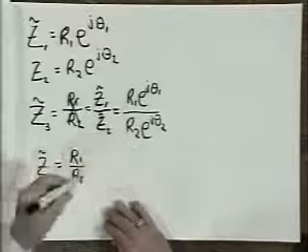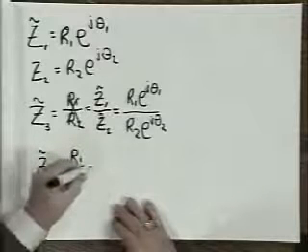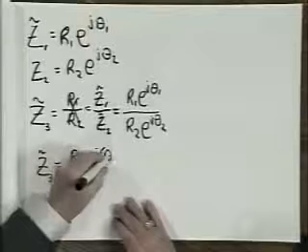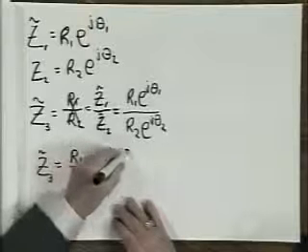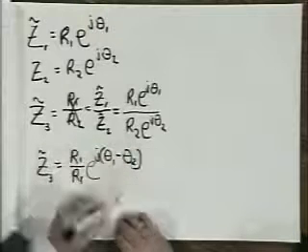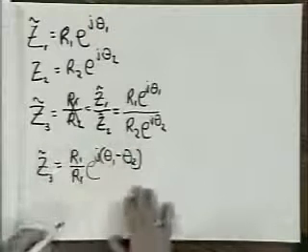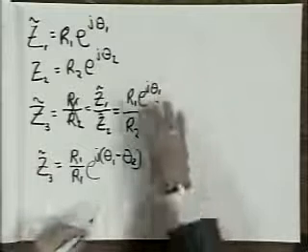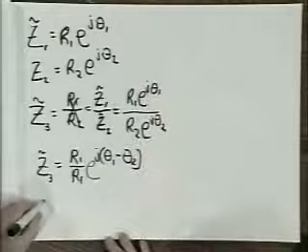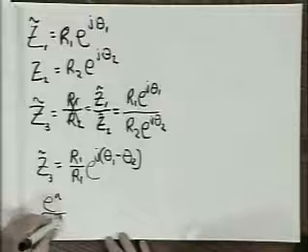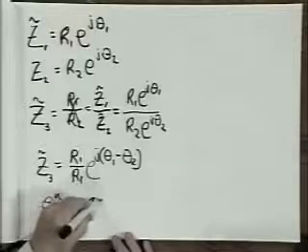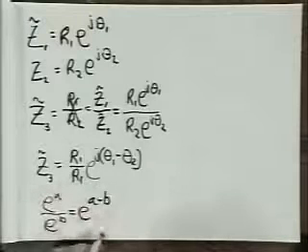These are real numbers, that's their quotient, times e to the j theta 1 minus theta 2. In combining the two exponentials, I'm just taking advantage of the fact that e to the a divided by e to the b is equal to e to the a minus b, as you surely know.